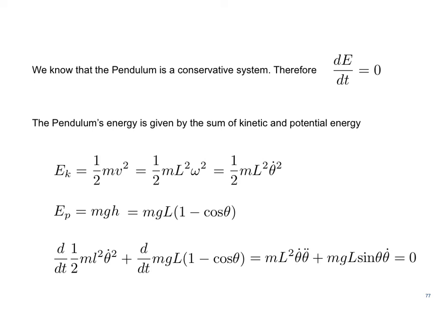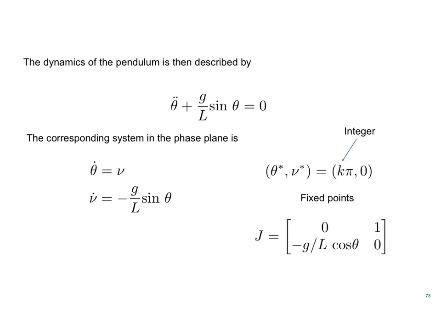And in here you should see that if we factorize theta dot, then we have ml theta double dot plus mgl sine of theta. And this is the equation that we are interested in. So just by reorganizing some terms, we end up having this equation.